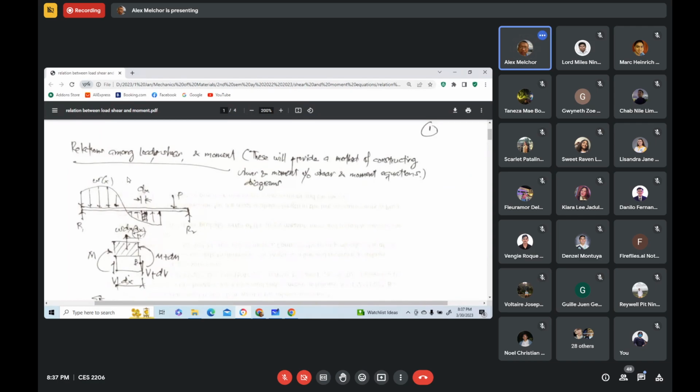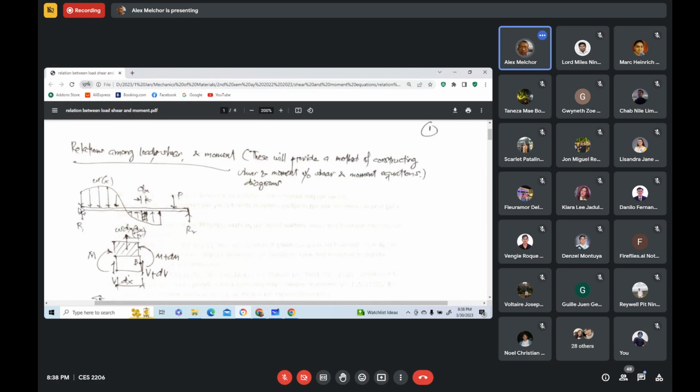Okay, so this is to derive an equation that shows the relation between the load, the shear, and moment. We consider here a beam with supports at both ends, so that's why you can see reactions, R sub 1 and R sub 2.